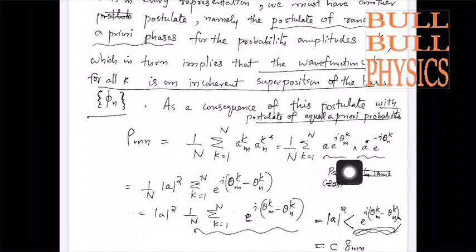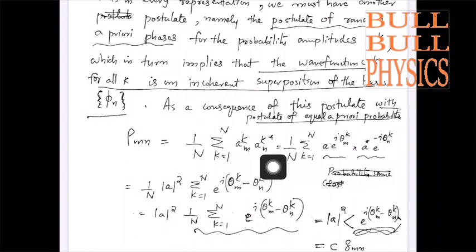For m and n, these are different states, but the magnitudes of a and a conjugate are the same, because this is related to probability.